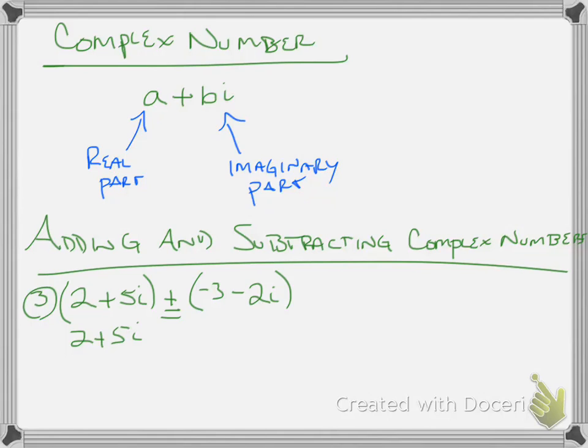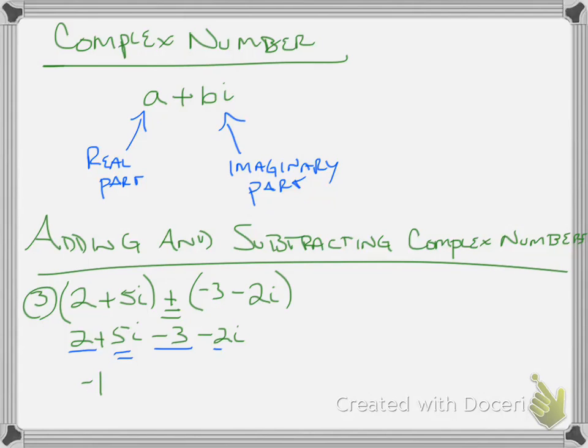Because this is a plus, it's just going to be minus 3 minus 2i. The signs in front of the terms stay the same. And now it's just combining your like terms. 2 and negative 3 combine to be negative 1.